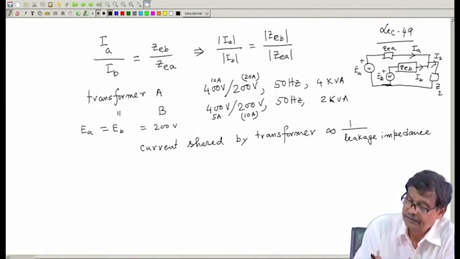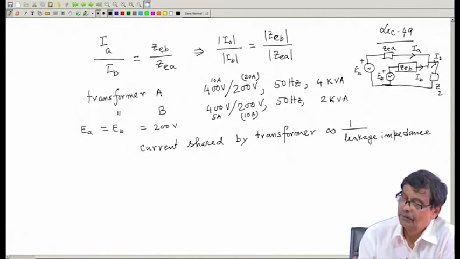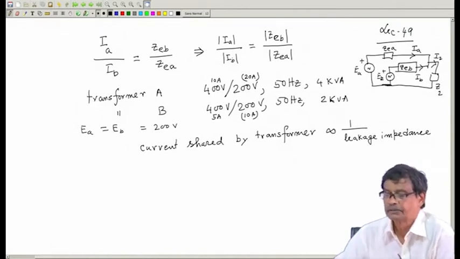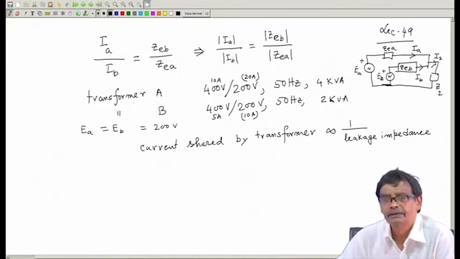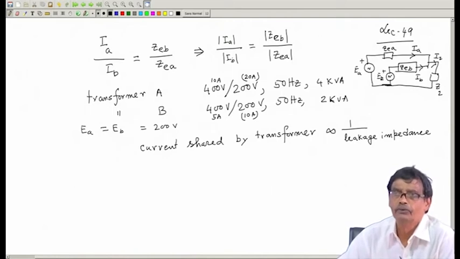Now, what is the important thing? See, our intention, as I told you in the last class as well, is that whenever a transformer is in operation, it is always nice to operate it at full load. That is why your investment then becomes meaningful.